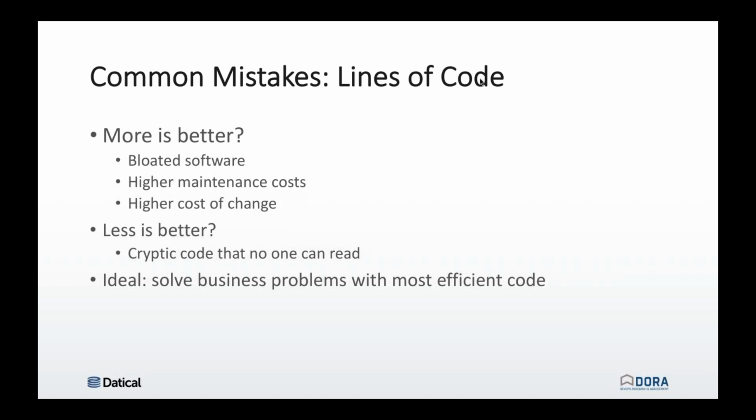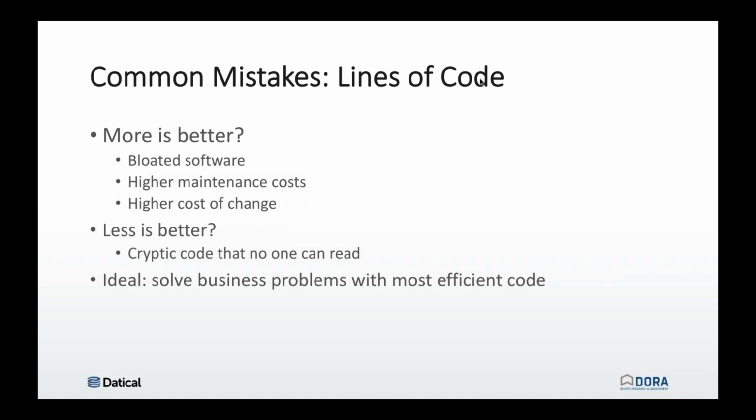So you get these single lines of code that can basically change a tire, but no one can read it. So the opposite isn't better either, because once you get that code in your code base, it's not maintainable.